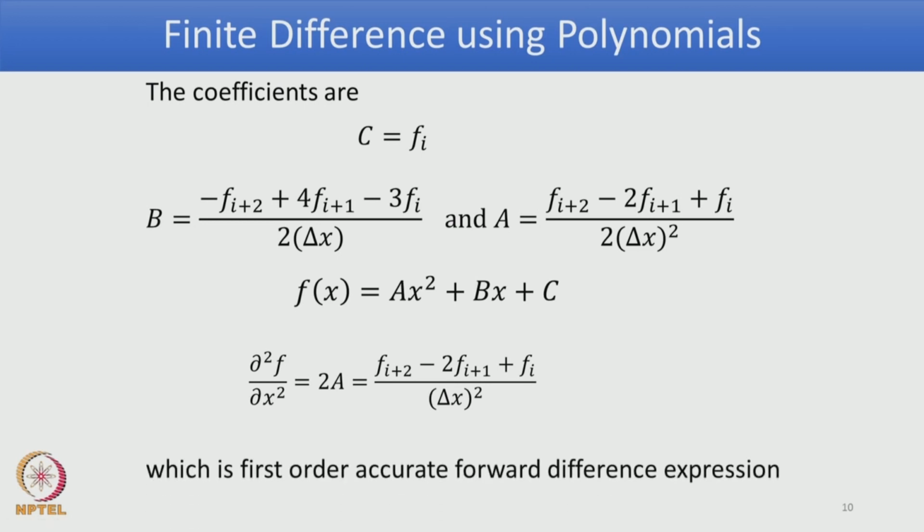Once again we follow the procedure of expanding this function from Taylor series on the left hand side and obtaining the difference formula from Taylor series and compare the coefficients, then you get the idea of order of accuracy of the scheme, and in this case it is first order accurate forward difference scheme for the second derivative.